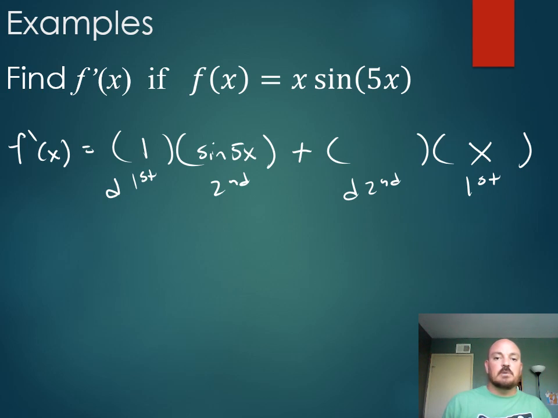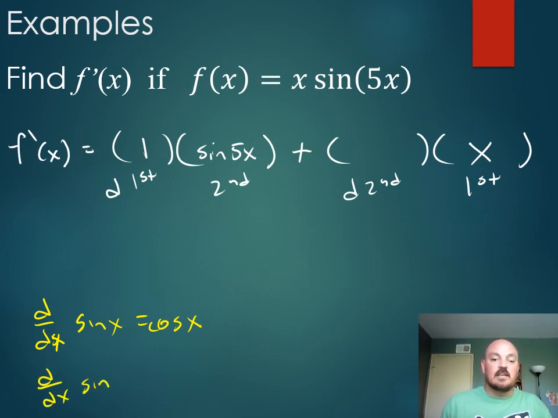So I'm going to go down here to the bottom. Now, one of the derivatives we just learned is that the derivative of sine x is cosine x. Now, what we're basically doing is we're doing chain rule on that. We're saying if I want to do the derivative of the sine of anything else, then I'm going to have the cosine of that same angle, but this is the chain rule part.